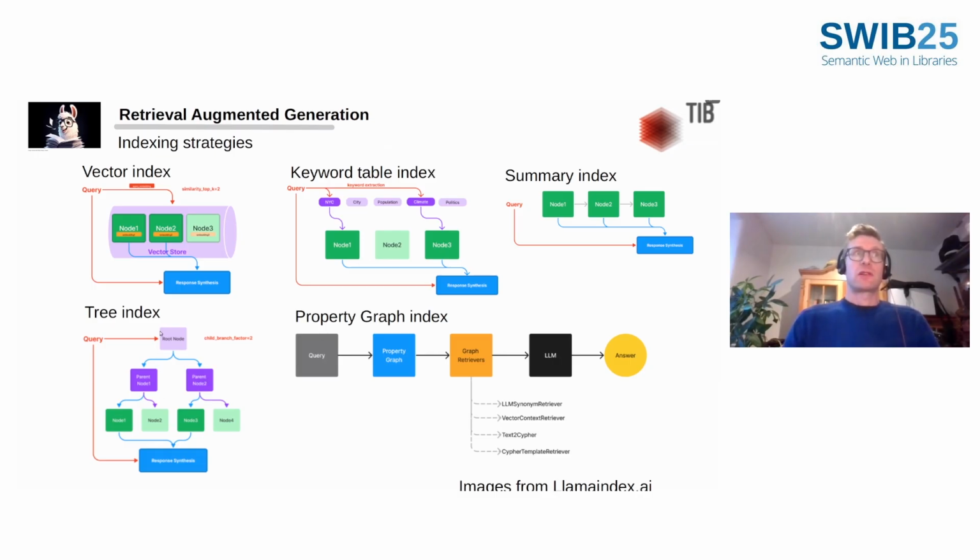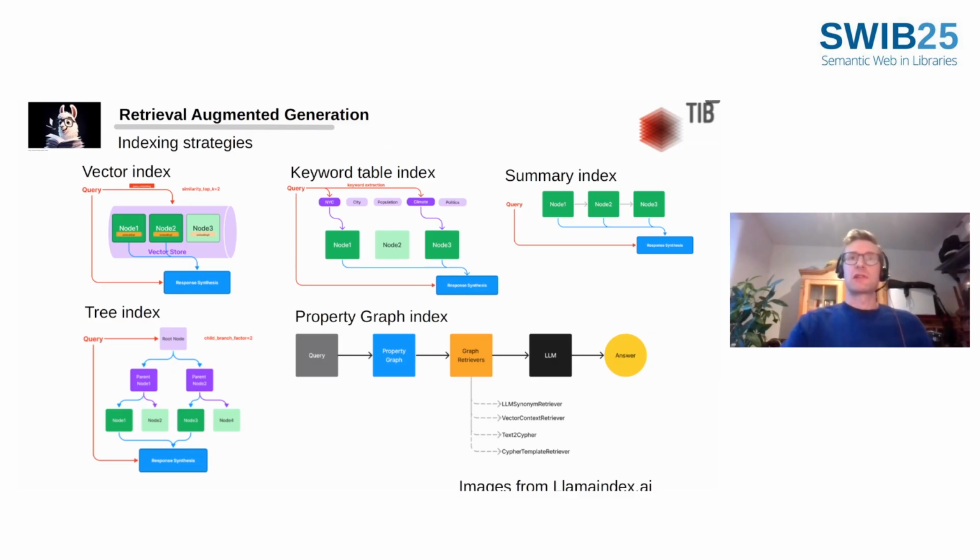Maybe your data is hierarchical data. Then you could say, I try to use the user question to identify one root node and provide the root node together with its children as information to answer the question. Or if you're using a property graph, you might identify more than one node and use their neighbor nodes.